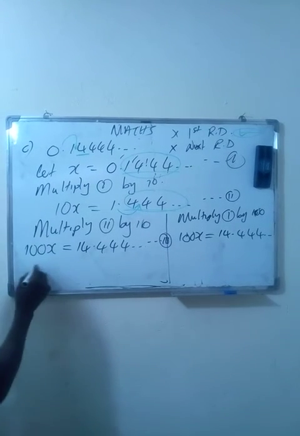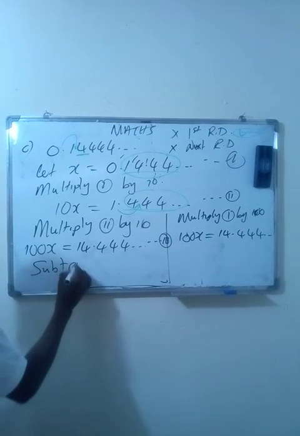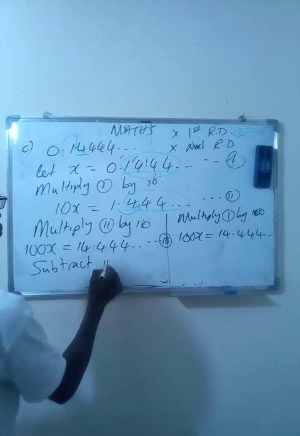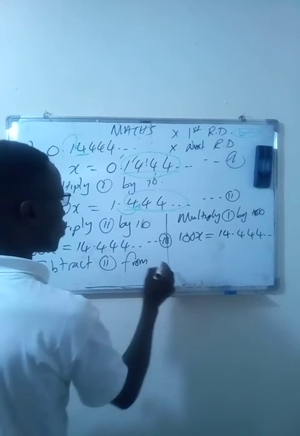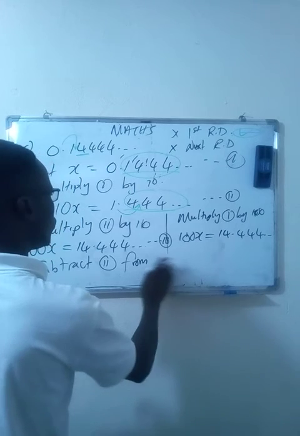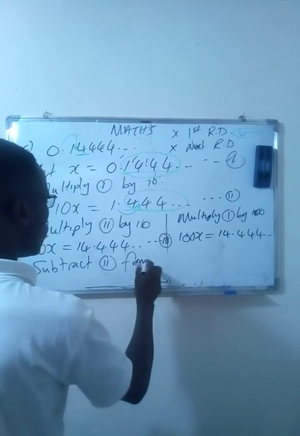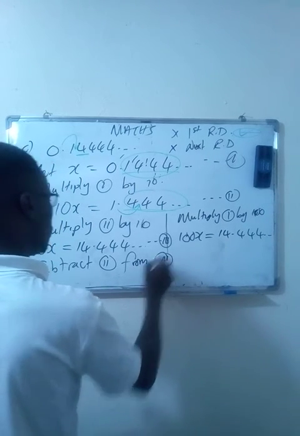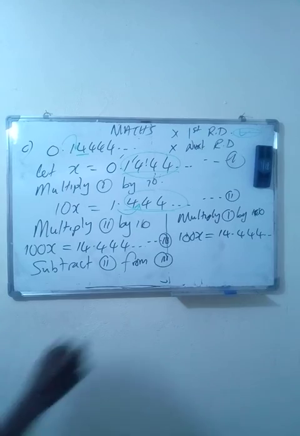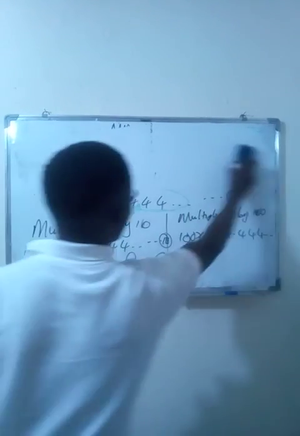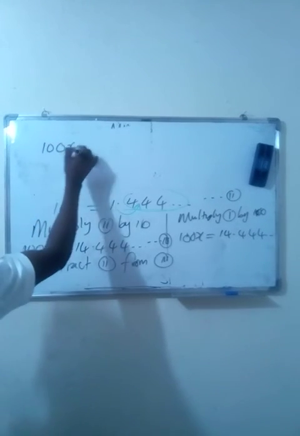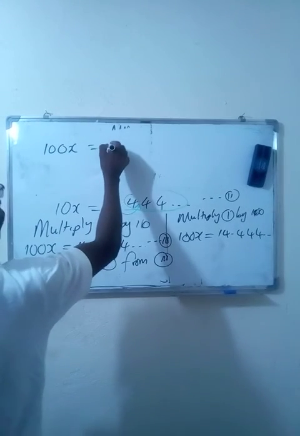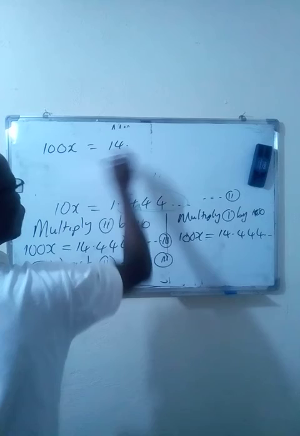So we subtract equation 2 from equation 3. That's what we are going to do now. All right, let's go ahead and do the subtraction. So equation 3 is 100x equal to 14 point what?